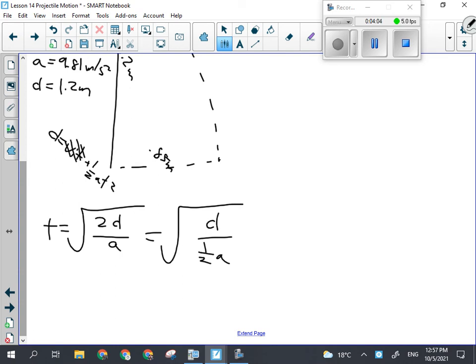All right. So if I'm plugging in these numbers, then okay, we've got 1.2 meters. That was our vertical distance. Okay, divided by 1/2 times 9.81. That'll get us our time.